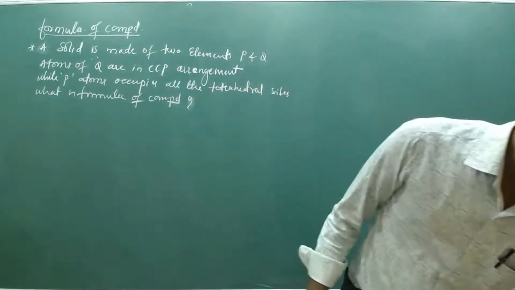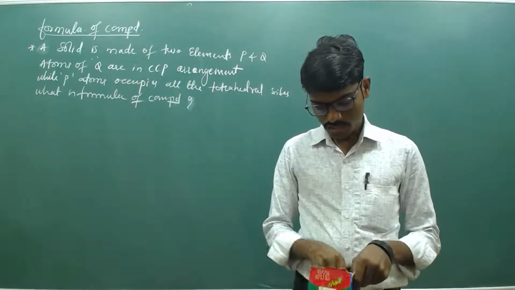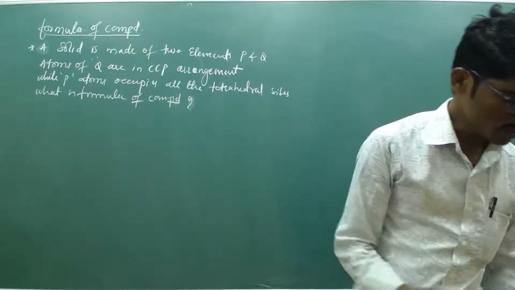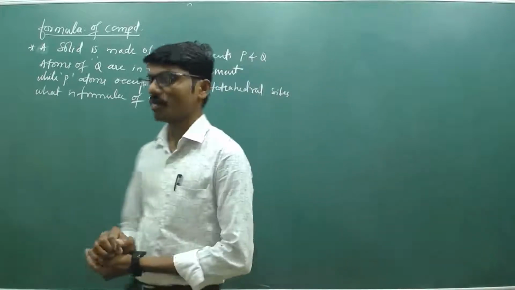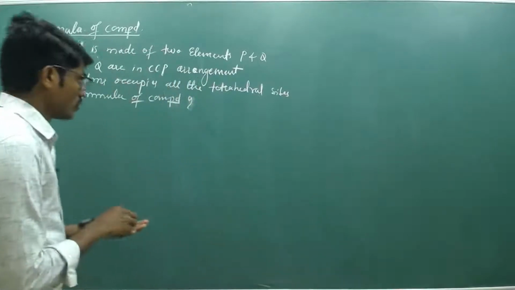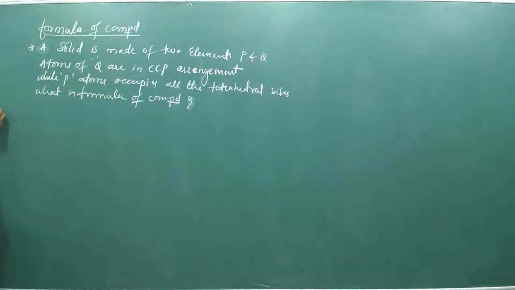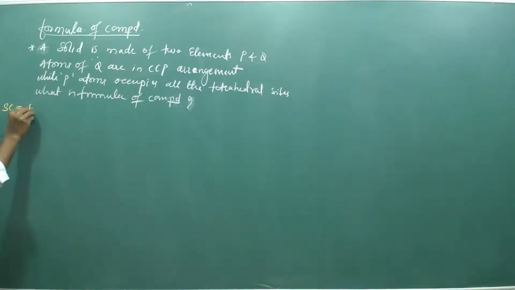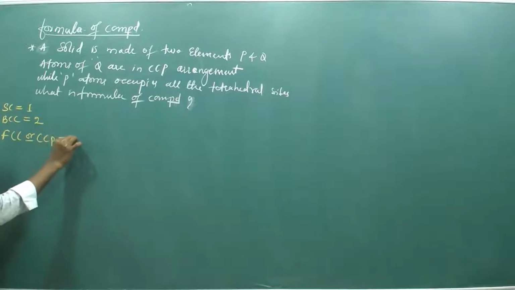As we have studied in the previous class, the number of atoms present in simple cube, BCC, FCC: in simple cube the number of atoms is one, in body centered cube it is 2, in FCC, face centered, also known as CCP, it is 4.